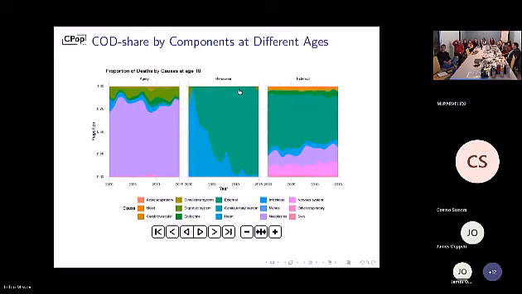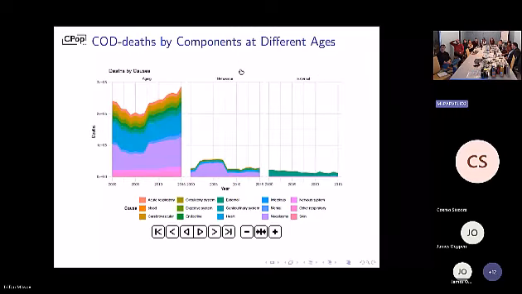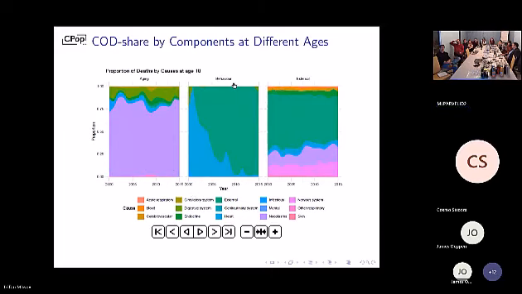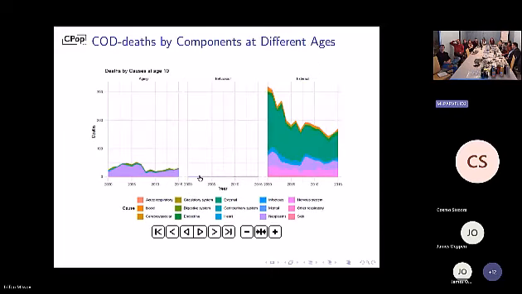At this age, it is also important to have in mind what the proportion of deaths by each of these causes is. So if I go to the next graph, these are the deaths at age 10. So whatever we get for the behavioral component is not very informative because this is just noise.